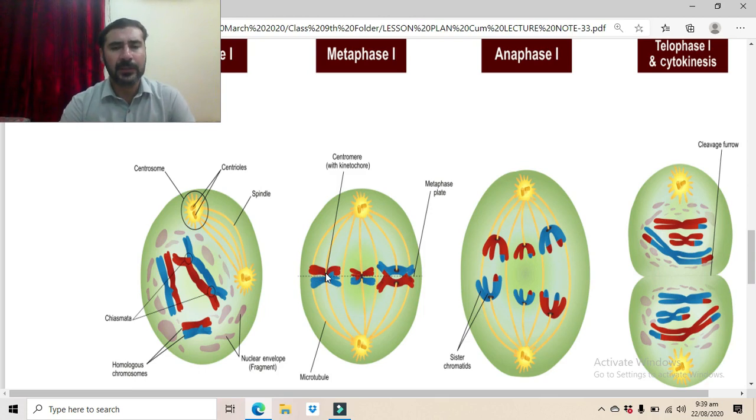Various pairs of homologous chromosomes arrange themselves on the equatorial plane, the central region of the cell, and they form this metaphase plate. This is known as the equatorial plane or central plane.